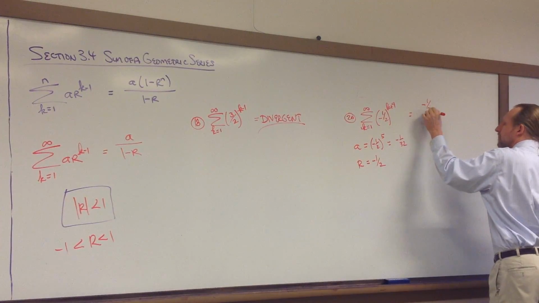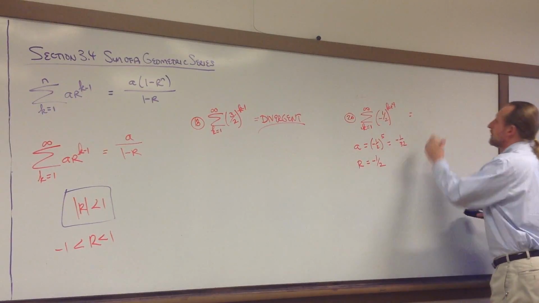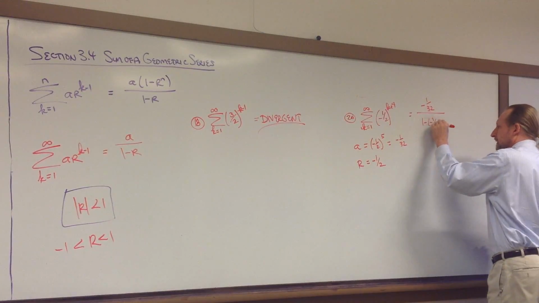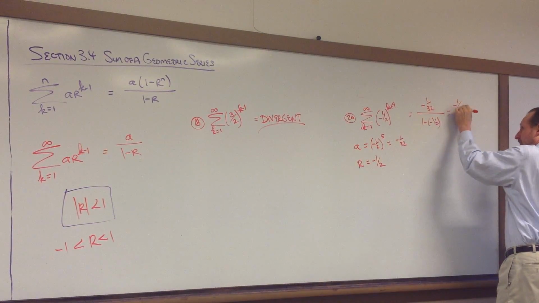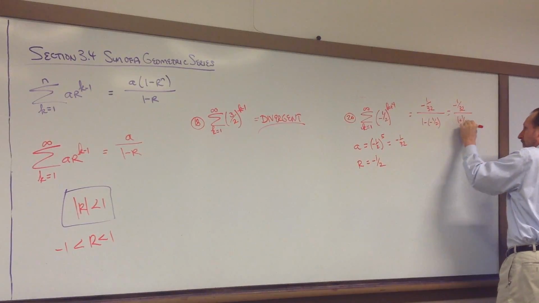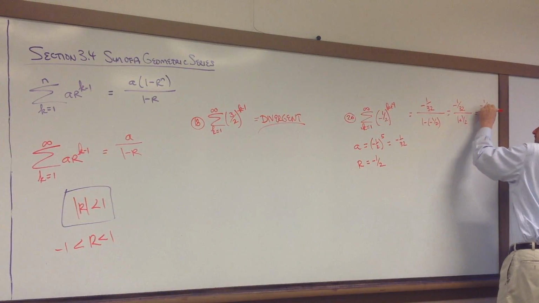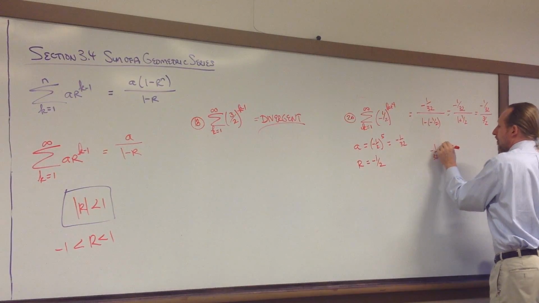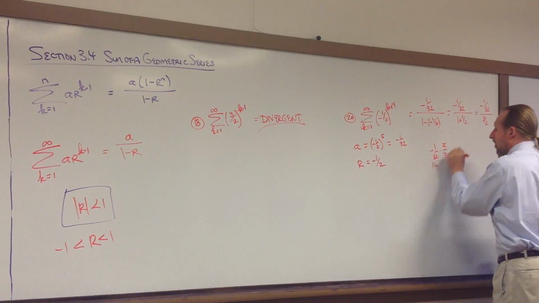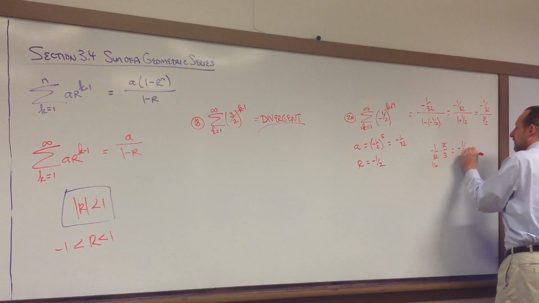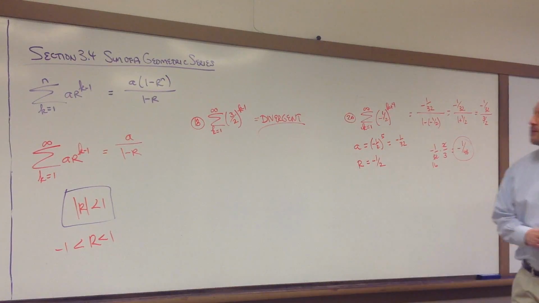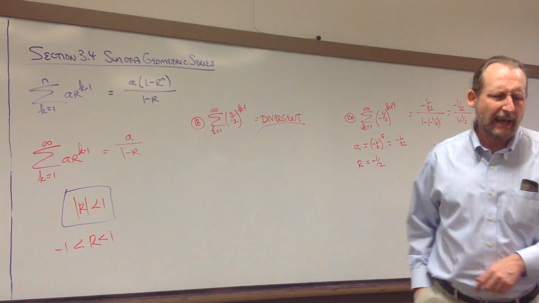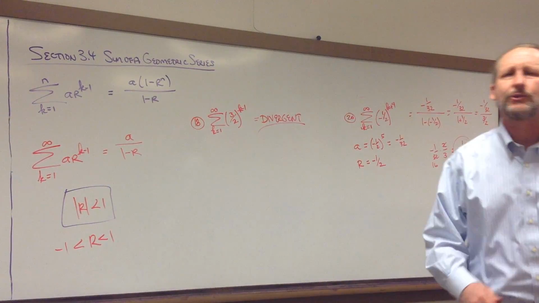So our sum is going to be -1/32 on top, 1 minus -1/2 on the bottom. So that's going to be -1/32 over 3/2. And so our sum is going to be -1/48. Okay, so that's it for section 3.4, and I think that's it for chapter 3 as well.